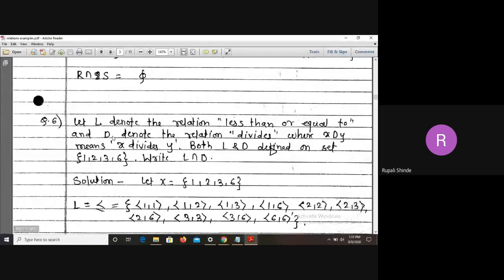So likewise, we have to find out the order pairs for relation D. And that relation is divides relation, where X divides Y. So we have to include all such order pairs such that first element of that order pair divides second element. So can you tell me what would be the different order pairs those we can include in relation D?